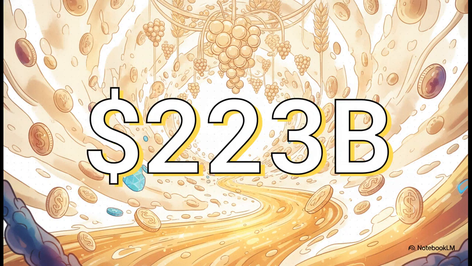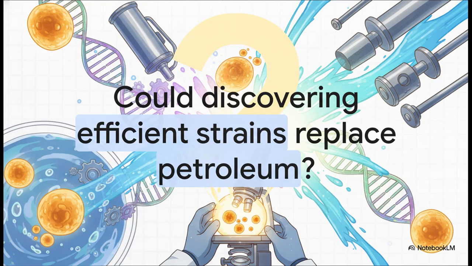To really put the sheer scale of this single-celled organism into perspective, the global alcoholic beverage industry alone was valued at a mind-boggling $223 billion back in 2015. That entire economic juggernaut is driven by the exact same tiny biochemical reactions we just mapped out today. I want to leave you with this final provocative thought.